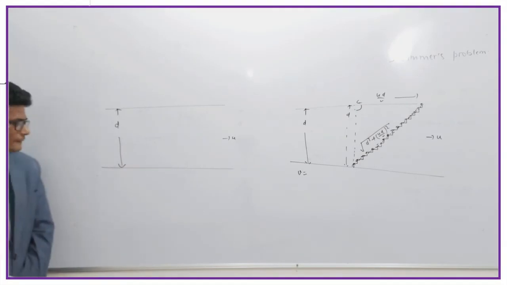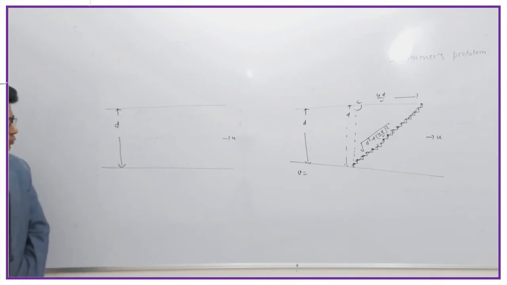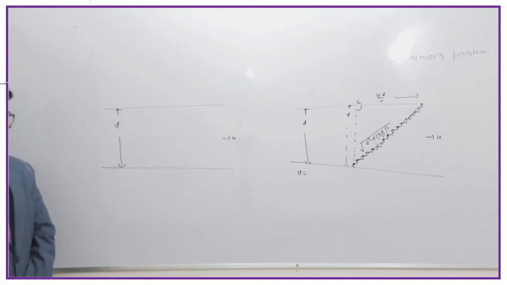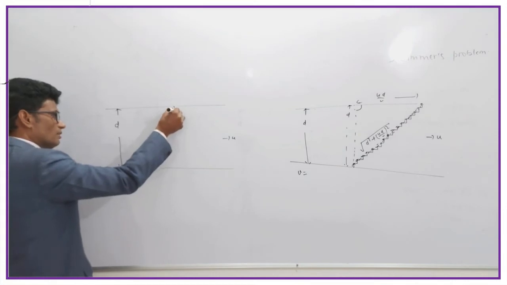Now the question is that the swimmer succeeds to swim perpendicular to the flow, say with the speed v. Then find the angle made by the swimmer from the flow direction. So this is the path.